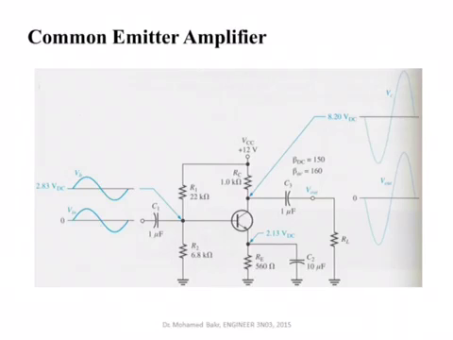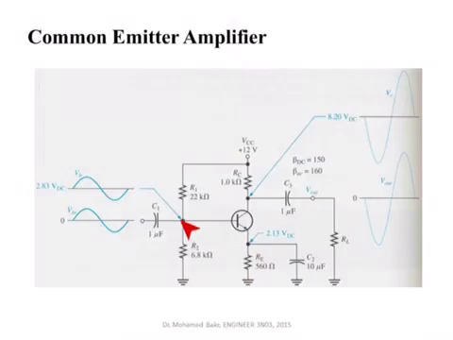So this is a common emitter configuration, which is very similar to the common source configuration. You have the small AC signal applied between the base and the emitter. For AC analysis, because this capacitor here becomes a short circuit, it's called the bypass capacitor, the emitter actually becomes ground for AC.